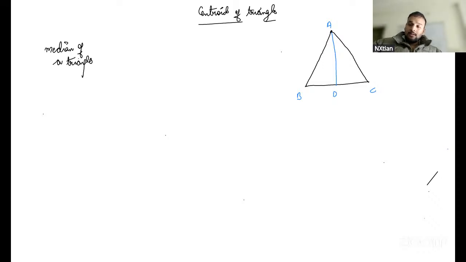It means that if AD is a median, then BD is equal to DC. Did you understand, guys? I'm repeating again: median is a line segment dividing the opposite base into two equal halves, like BD is equal to DC.